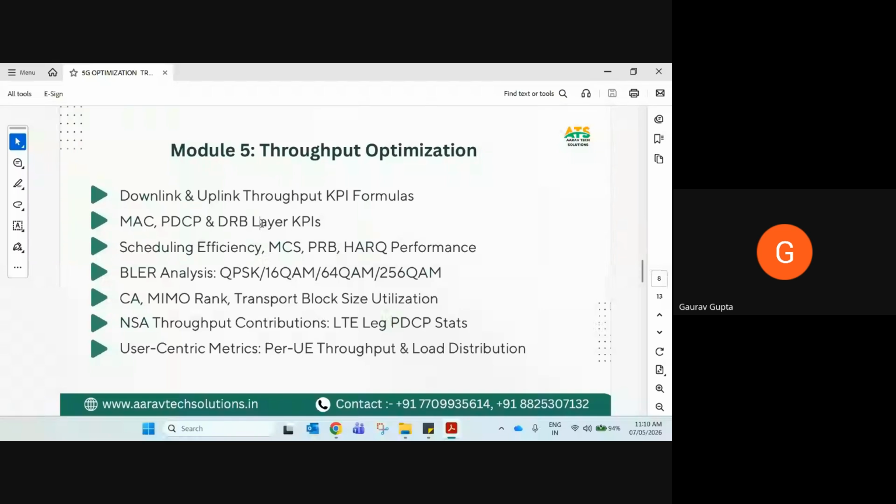Lakhs and lakhs of fans all across the world are in the stadium, heavy users. People take selfies, upload live videos, go live. So how does the operator support all this heavy utilization so that quality is maintained, my KPIs are maintained, and user experience is excellent?